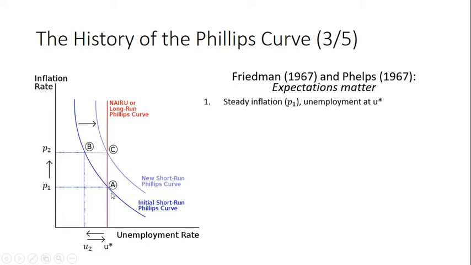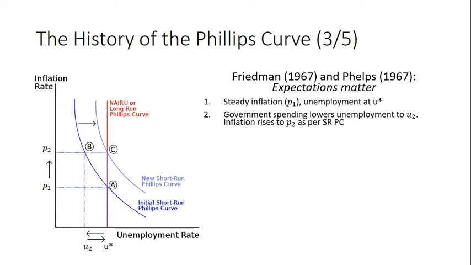So we begin at point A. We have an inflation rate of P1, and we're at the NAIRU at this level here. So let's start by assuming we're in this equilibrium position. However, now government spending increases, which then lowers the unemployment rate to U2, as we'd expect, whether directly, if the government spends directly on hiring more people, or through indirect effects.